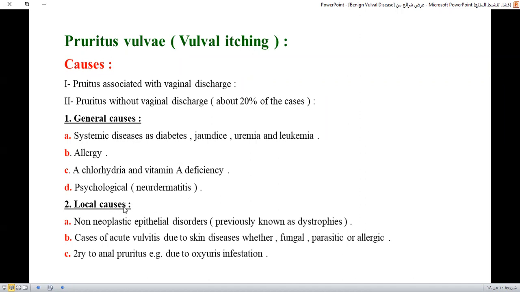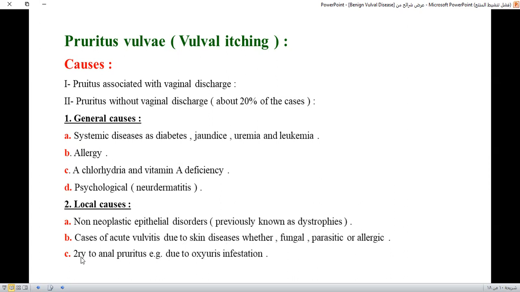What are the local causes of pruritus vulvae, vulval itching? Either non-neoplastic epithelial disorders, named vulval dystrophies, or skin disease, whether fungal, parasitic, or allergic.